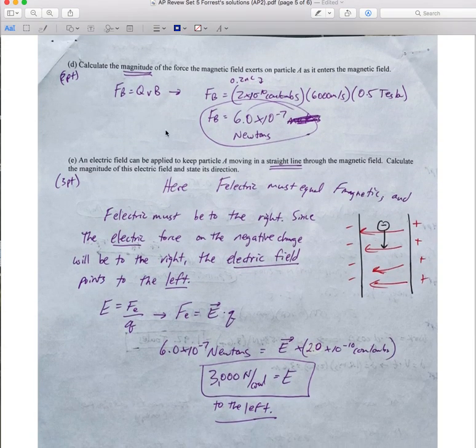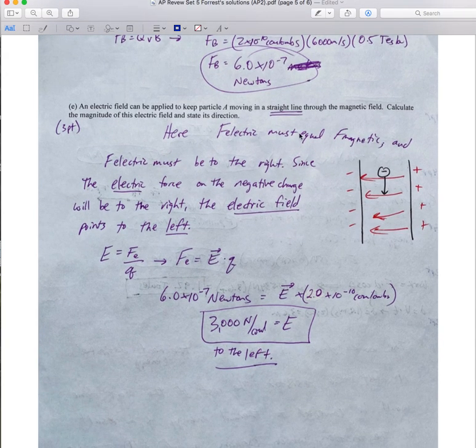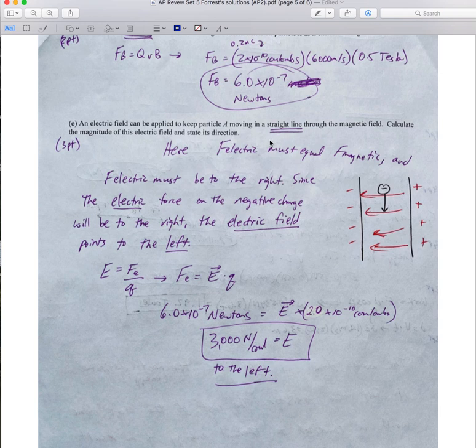Last parts here, calculate the magnetic force. So this is just simply a mathematical model. I was talking about the magnitude of it, so I don't need to worry whether that's positive or negative. Here an electric field, in this case, would equal the magnetic field, or pardon me, magnetic force. So it's asking you to calculate the magnitude of the field.